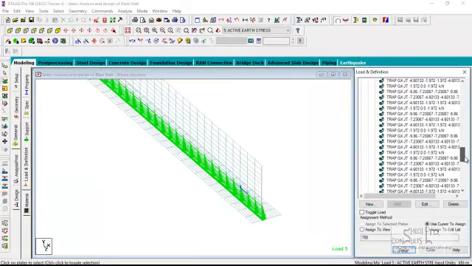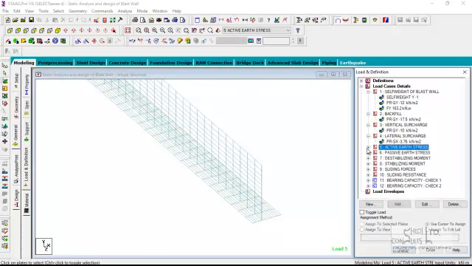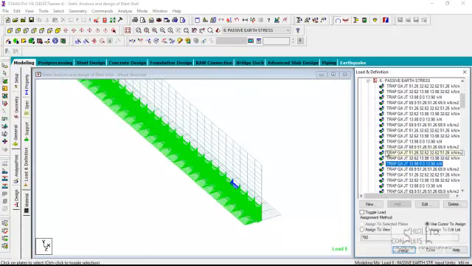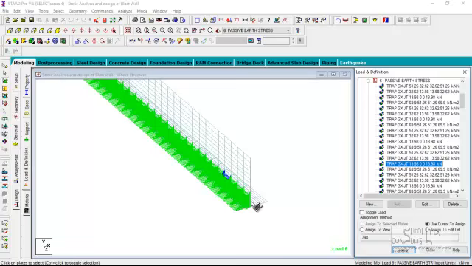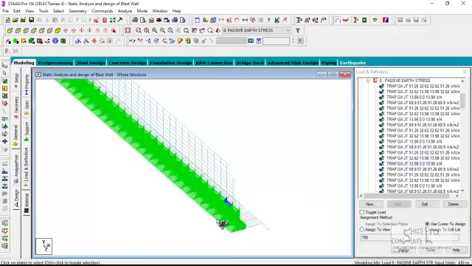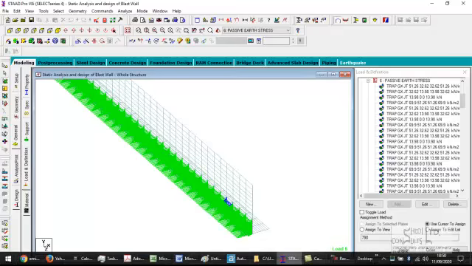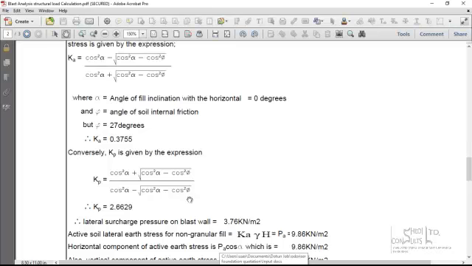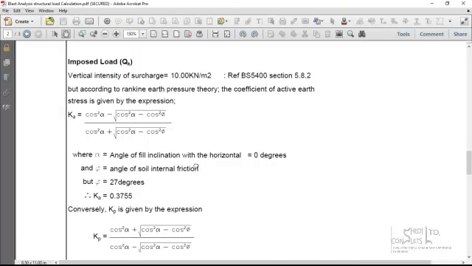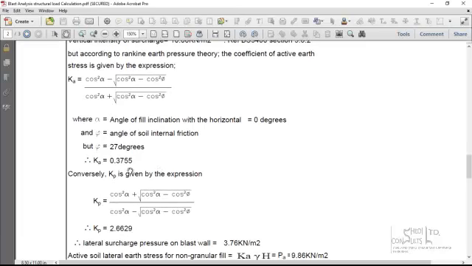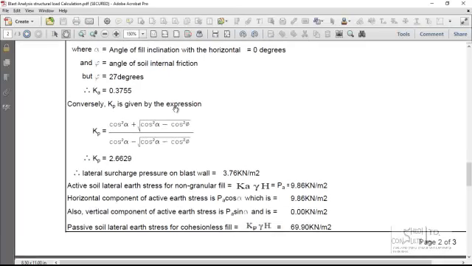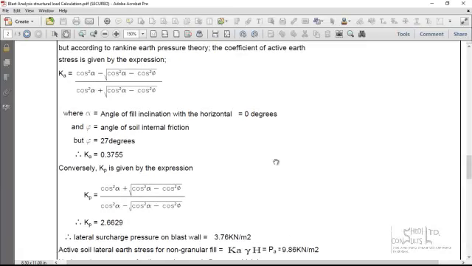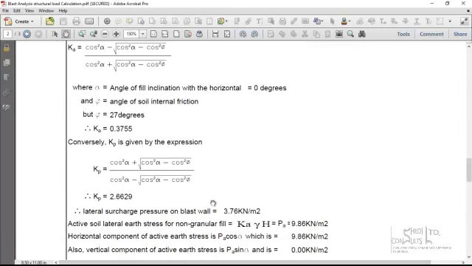So once you have your active earth stress loads calculated, you then also have your passive earth stress load that is also calculated. The coefficient of passive earth stress is usually higher than the coefficient of active earth stress because it's an inverse expression of the active earth pressure. So if you look at the coefficients, that of the passive is 2.66, and that of the active is 0.33. So it's a function of the inclination of the fill to the horizontal and the angle of internal friction.